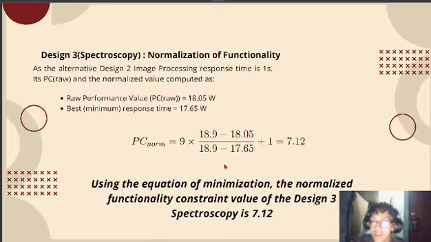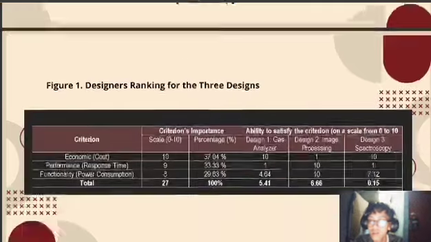So next, the design 3. It has a P0 of 18.05 watts, minimum 17.65 watts. Again, using the equation of minimization, we computed that the functionality constraint value of the design 3 is equal to 7.12.